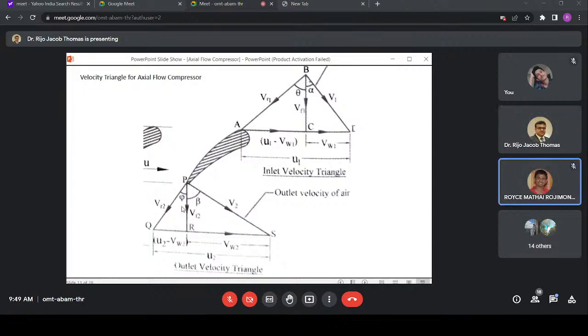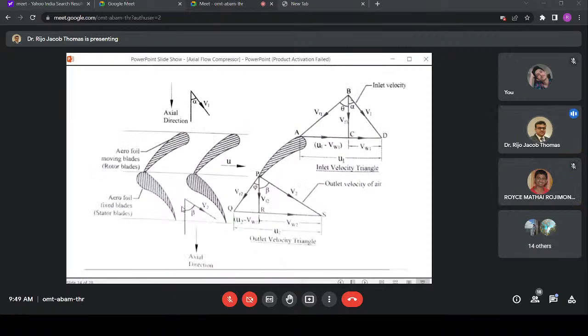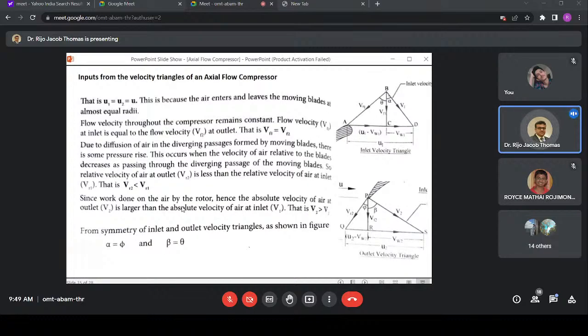Yes, sir. Okay. Now you need to note down certain things which are specific to an axial flow air compressor. One is your U1 and U2, they are the same in other cases also.